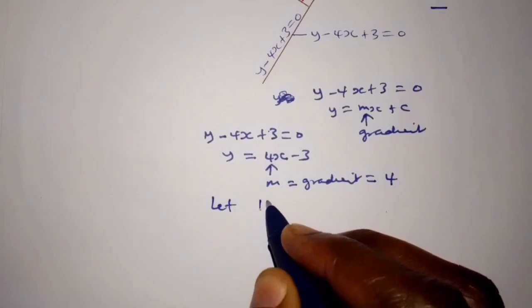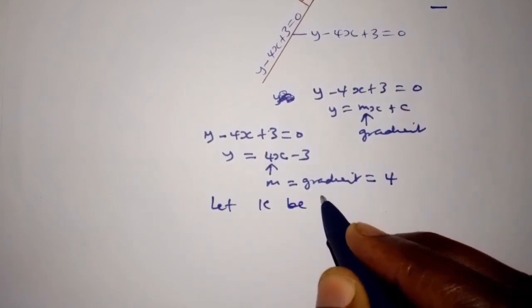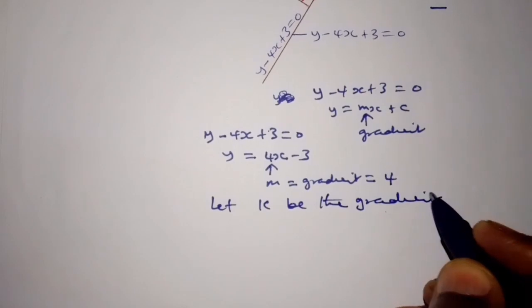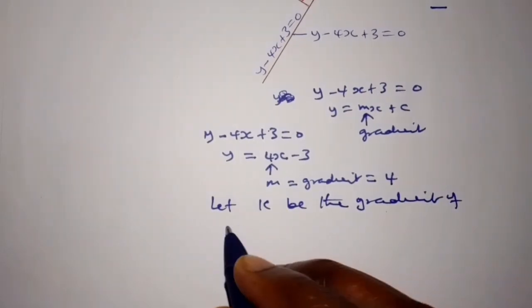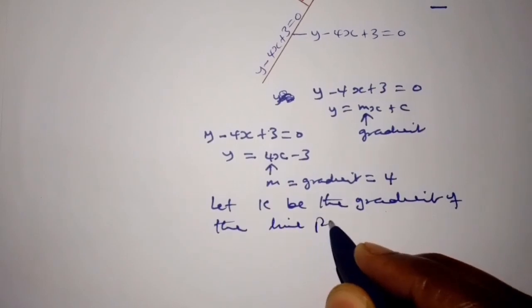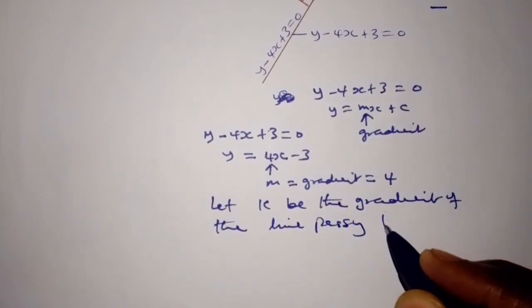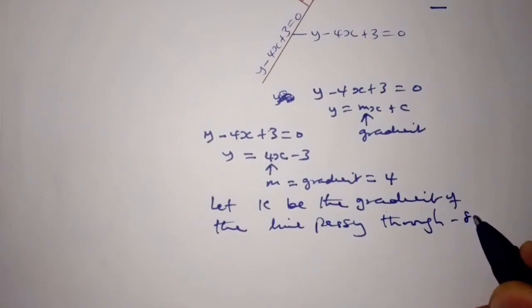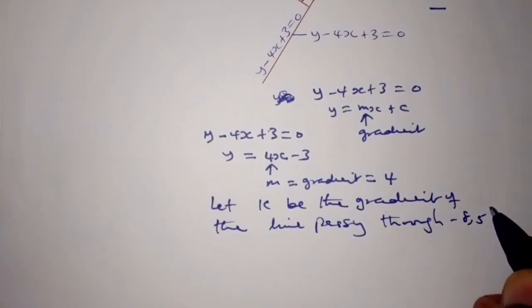Let k be the gradient of the line passing through -8, 5.